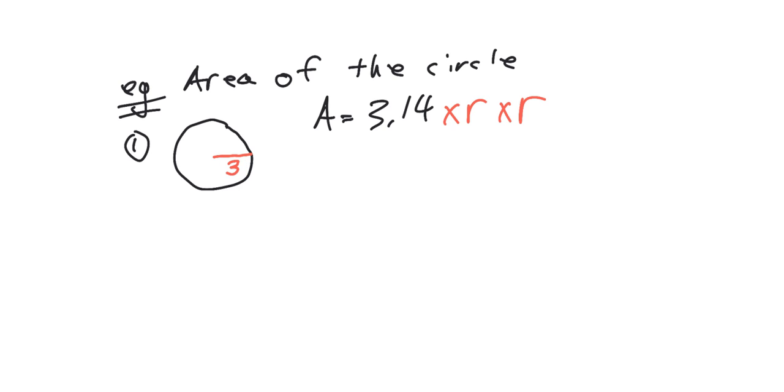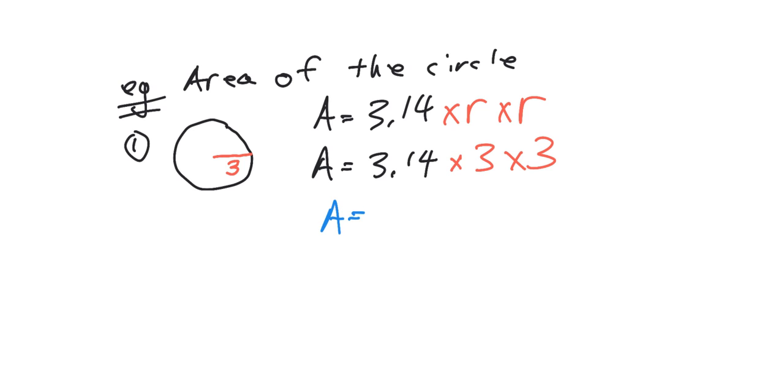So what we're going to do is we're going to basically rewrite our A equals 3.14, and we're going to replace the r values with the 3. So we go times 3 times 3. Punching that into our calculator, all 3 numbers with the timeses in between, we end up with the following answer.